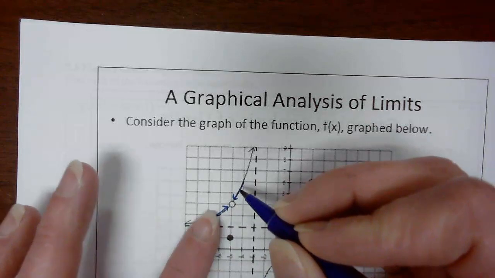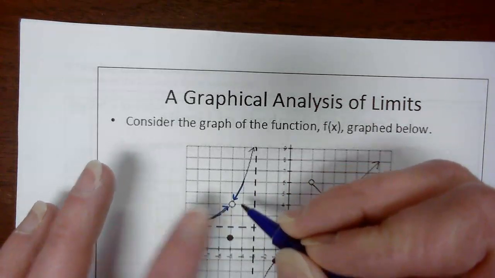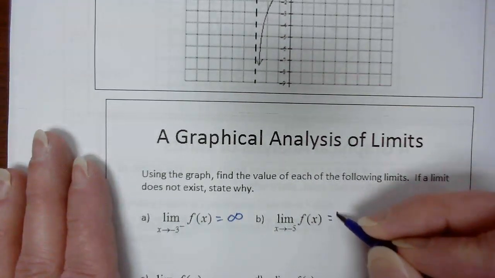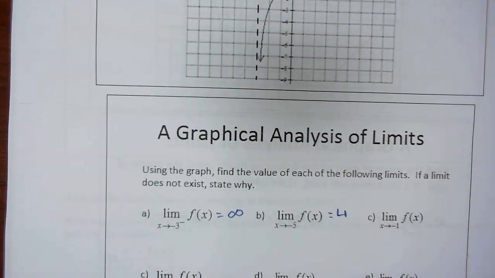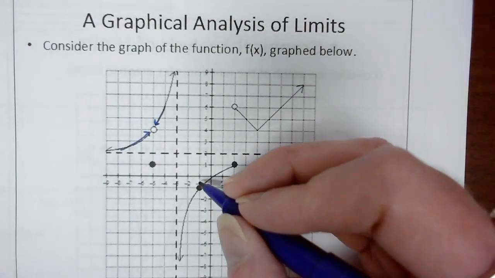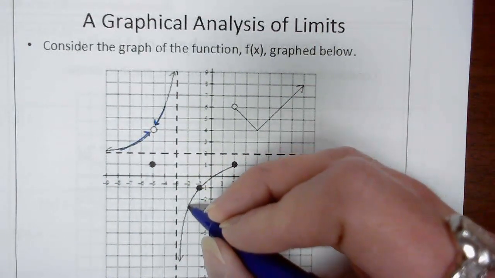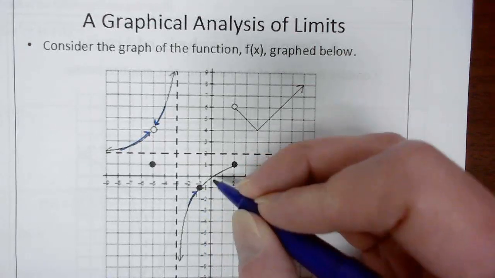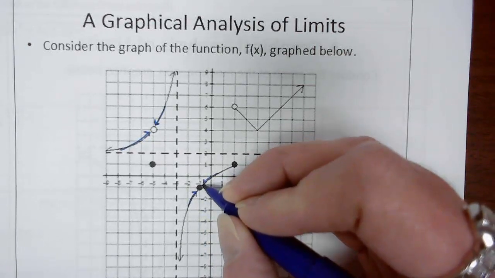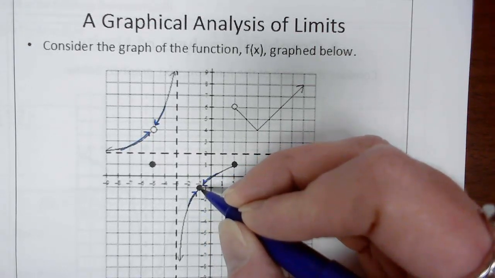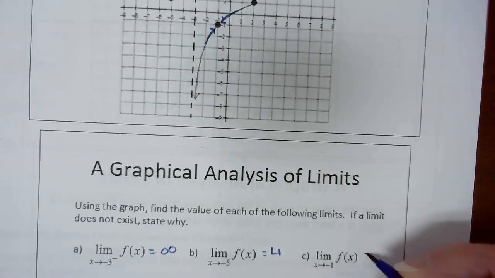This is the point the graph is approaching, and that is 4. Okay, what about -1? So when x is -1, as I'm coming in from the left and as I approach it from the right, both sides are approaching the same number, and that's -1.